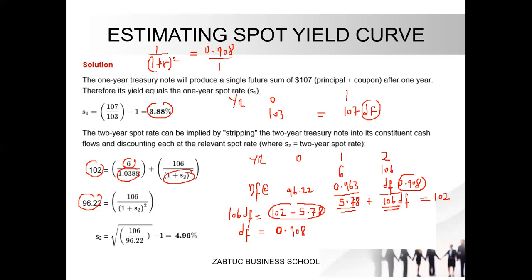Again, just invert them like what I did earlier on. This goes on top, this comes down. So you end up with 1 plus r squared equals 1 over 0.908.